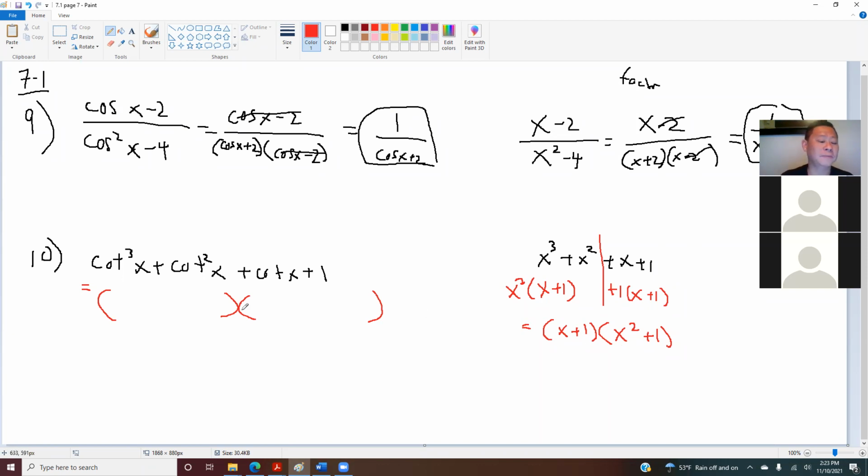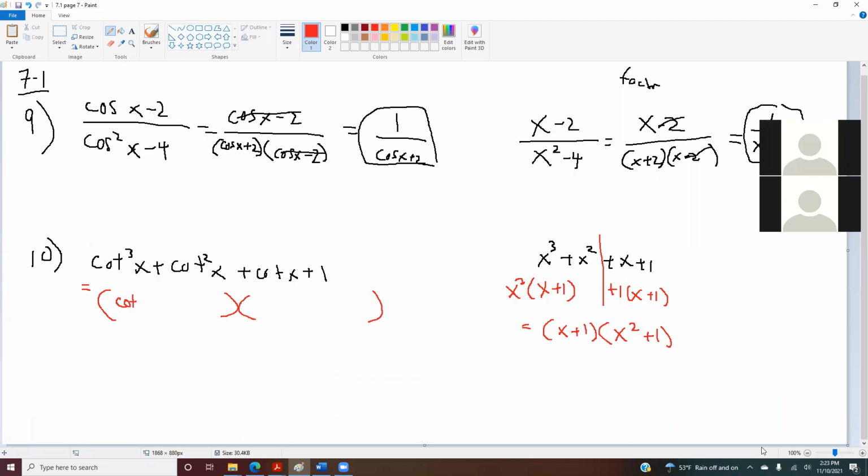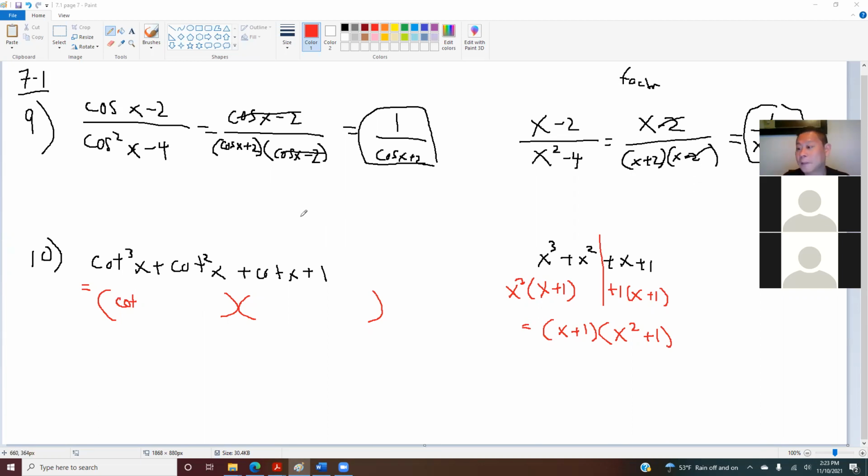Similar to what you have here. Cotangent. Henry? Ethan? Lukin? Squared x plus 1.